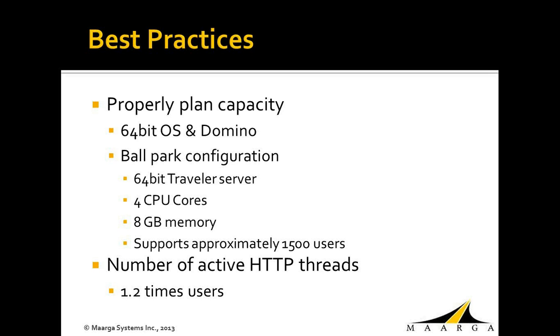Another critical best practice, or requirement, is to watch out for the number of active HTTP threads setting in your server configuration. It has to be 1.2 times the active users that you are planning to have. For example, if you are going to have 100 active Traveler users, make sure your HTTP active threads is set to a minimum of 120.